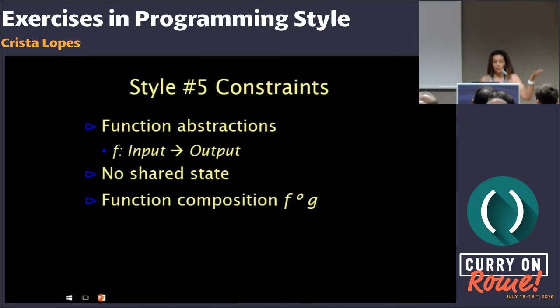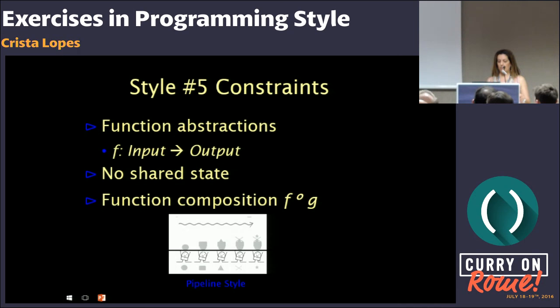You have to explain this idea of designing programs as compositions of functional abstractions, which tries to mimic the idea of functions as in math, and then you proceed from there. I call it the pipeline style. I didn't call it functional style because I got into all sorts of trouble when I tried to. But pipeline is, I think, a fair word for this.